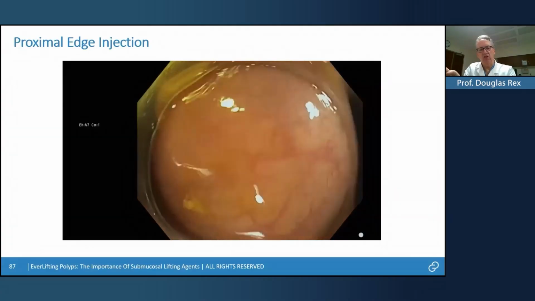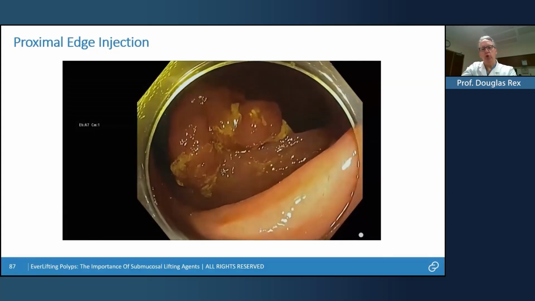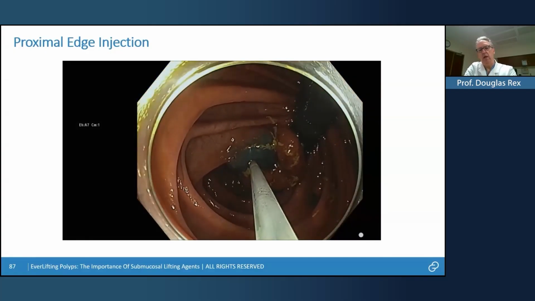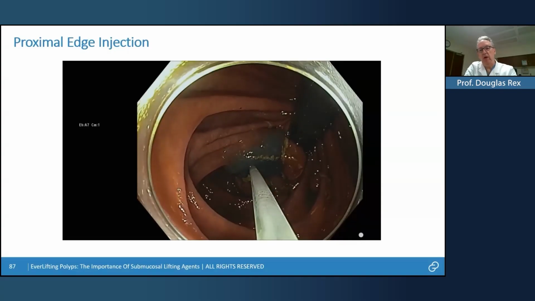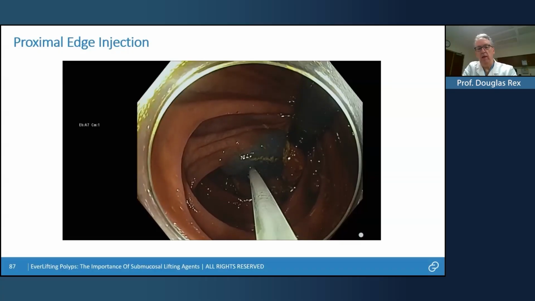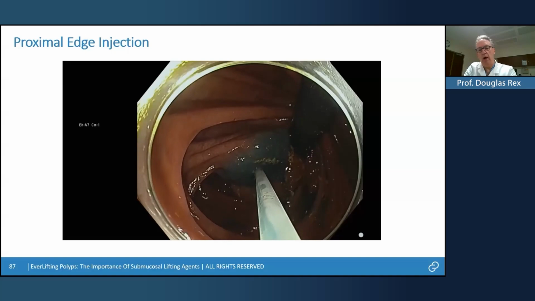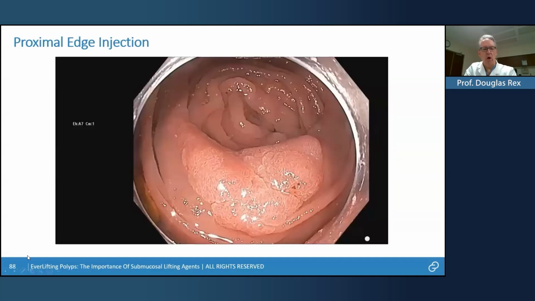And the strategy is chosen here because this lesion is sort of draped over a fold and it's hard to access the proximal side of the polyp. In many cases, we don't need to do the resection from the retroflex position if we've injected it well, but we might choose to because sometimes that's easier also.